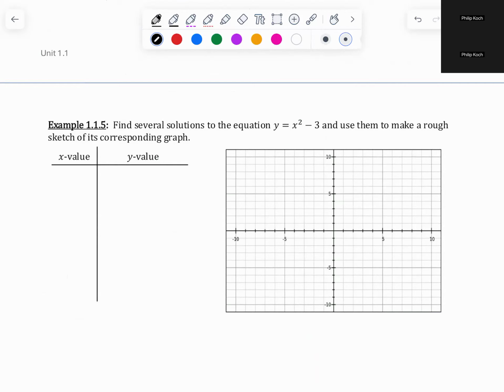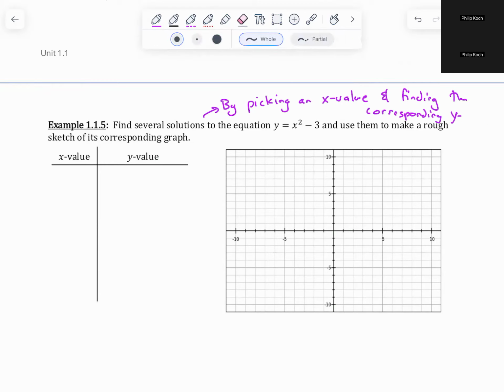He'd be given an equation like this one, and find several solutions by picking an X value and finding the corresponding Y values. That's terrible handwriting there. I'm going to rewrite values.